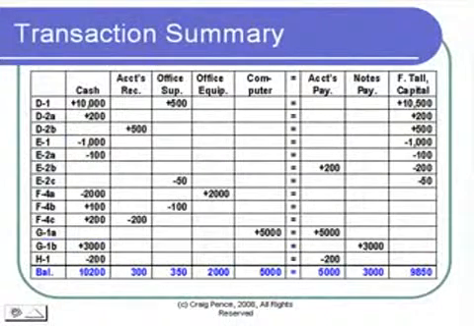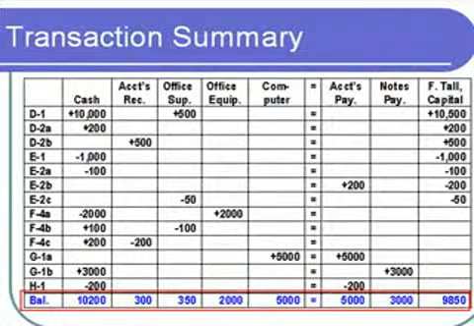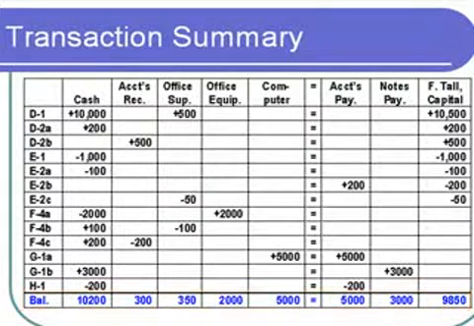Let's look at a summary of all the transactions that we've recorded for Fred. After recording them all, our ending balances are as follows. Cash is $10,200, accounts receivable is $300, office supplies is $350, office equipment is $2,000, the computer account balance is $5,000, and then accounts payable is $5,000, notes payable is $3,000, and the ending owner equity is $9,850.